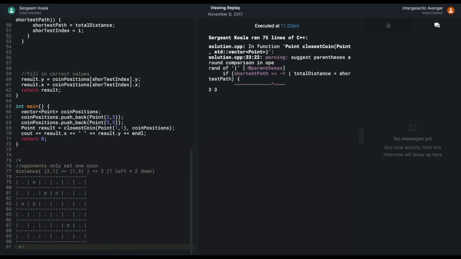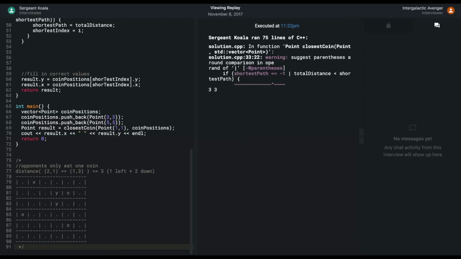Okay. So I see that. But what about this one? I'm going to move this guy down one just to make the math a little easier. So you said you pick the coin that's closest to each opponent, and then you eliminate it from what you have access to.